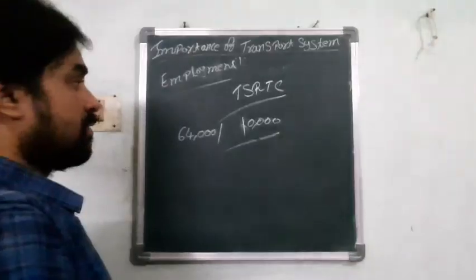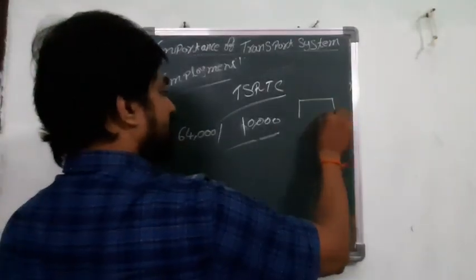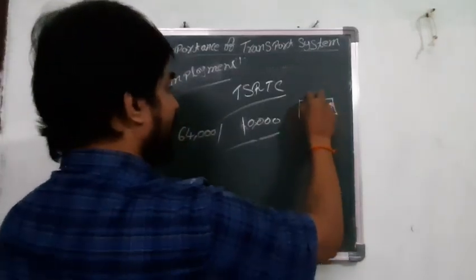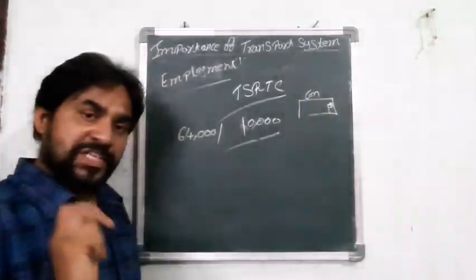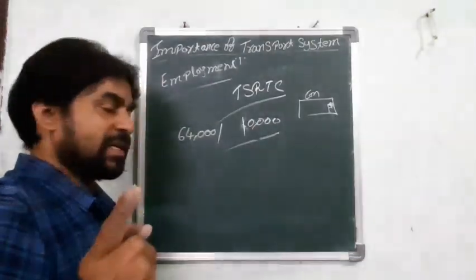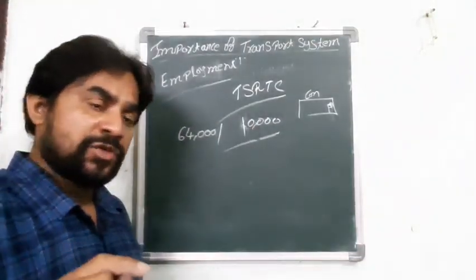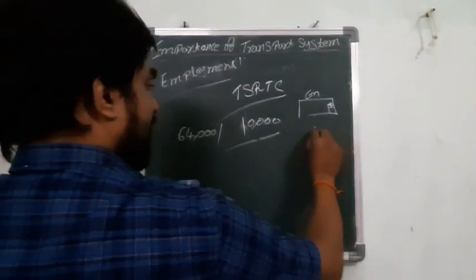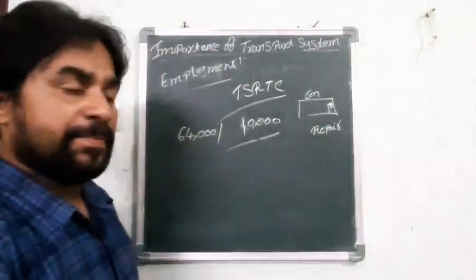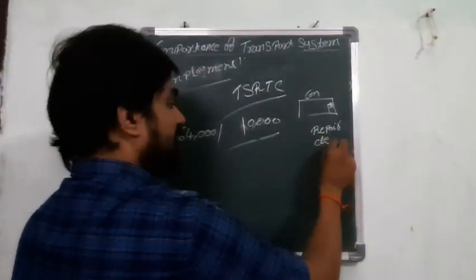So we know that for one bus, we have one driver and one conductor. So each bus has two members. One is the driver, one is called the conductor. And also there are some people doing the repair of the bus. There are some people doing the cleaning of the bus.